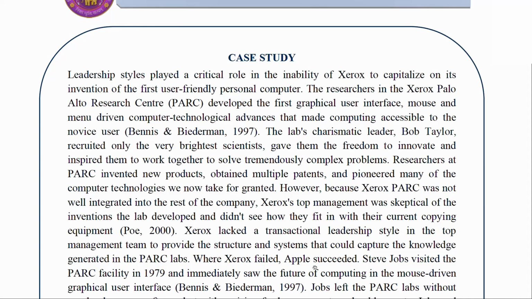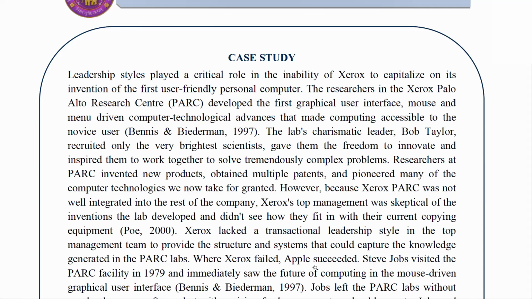The lab's charismatic leader, Bob Taylor, recruited only the very brightest scientists, gave them the freedom to innovate, and inspired them to work together to solve tremendously complex problems. Researchers at PARC invented new products, obtained multiple patents, and pioneered many of the computer technologies we now take for granted.